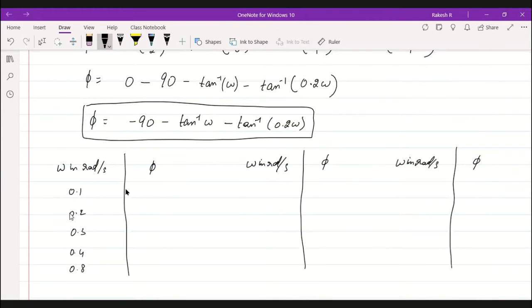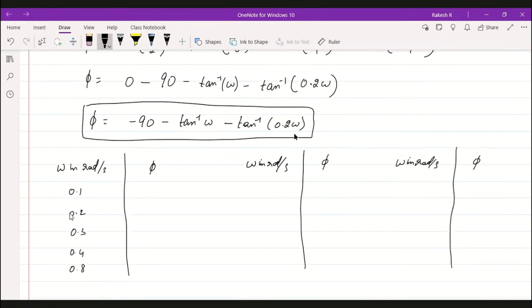So what you need to do now is type this equation in your calculators: minus 90 minus tan inverse of x, in place of omega, and minus tan inverse of 0.2 x. Please type it.